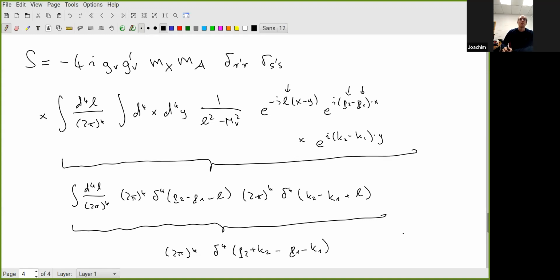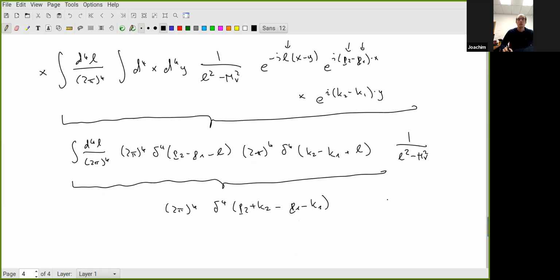So that's just momentum conservation. And of course, this factor L squared minus m_V squared, which just becomes 1 over, let's say, (p2 minus p1) squared minus m_V squared.